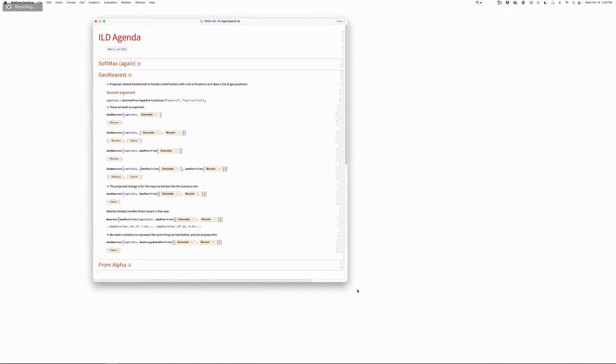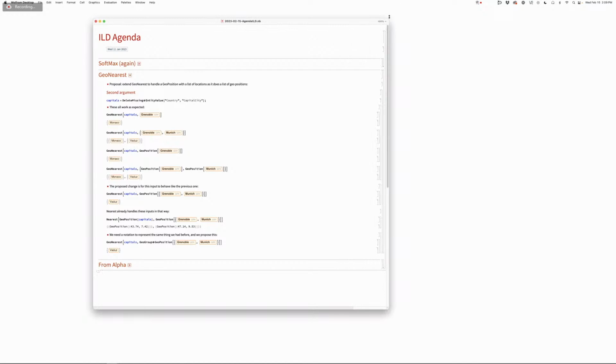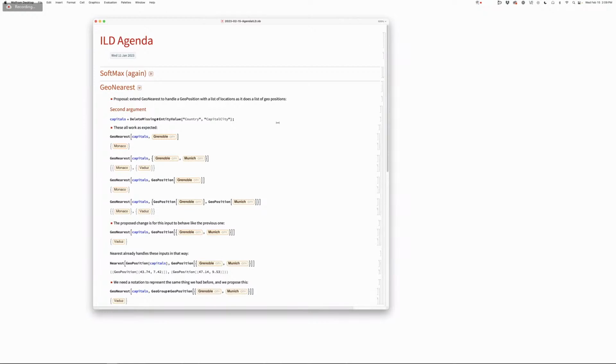Okay, GeoNearest. We have Francisco and Jose here, but this was a discussion item we had on either core design or ILD about modifying the behavior of how GeoNearest works with a GeoPosition with a list of positions inside it.